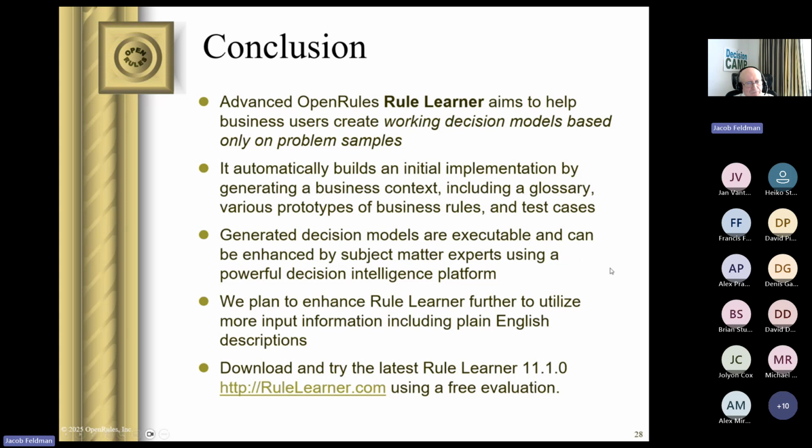And what is important, it's not just words. Everybody can download this. It has a free evaluation version. You go to ruleowner.com and you can try it on your own problem. And we welcome you, because we need more real-world examples. That's the end of my presentation, and I would be happy to take questions.